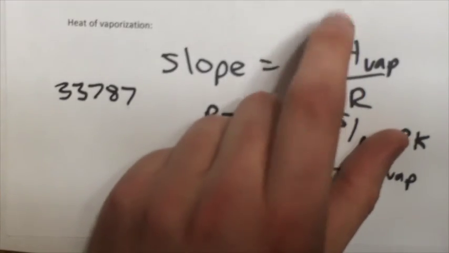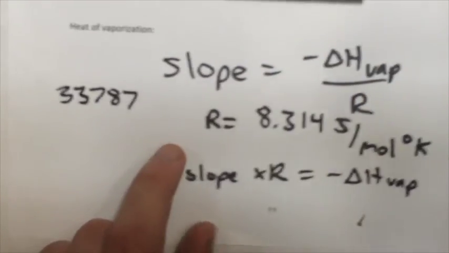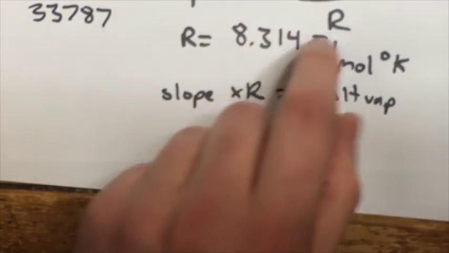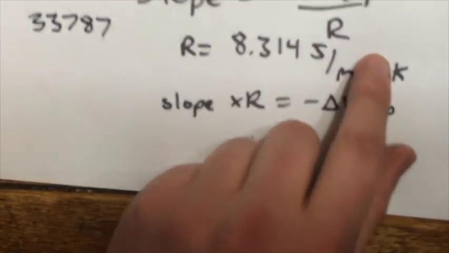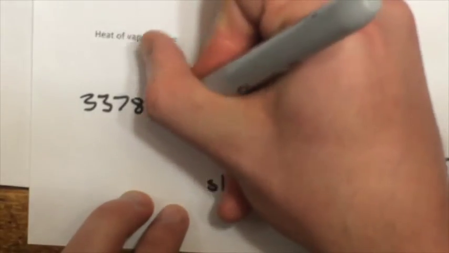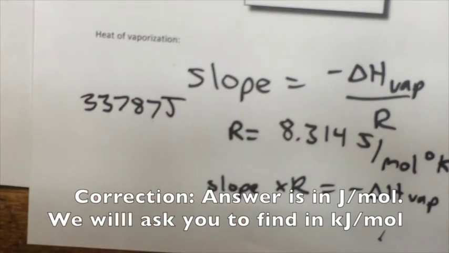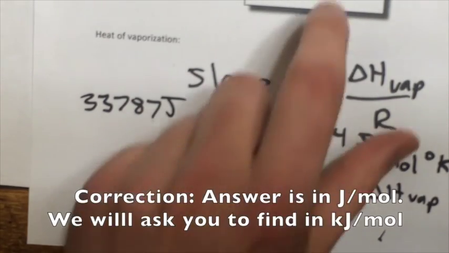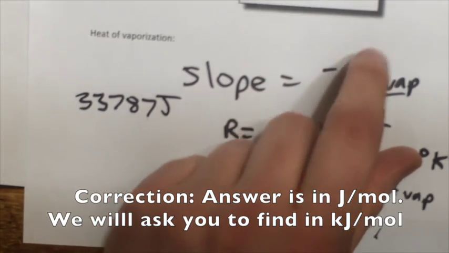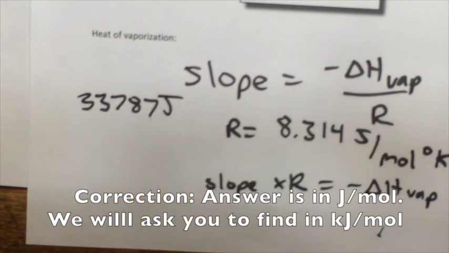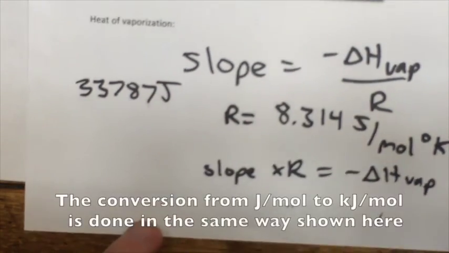Now, this is very important. If you solve for this heat of vaporization, because the constant you used was in joules per mole degree Kelvin, this answer is in joules. Okay? And we will always ask you to find this answer in kilojoules. So you just have to convert this to kilojoules. It's relatively simple.